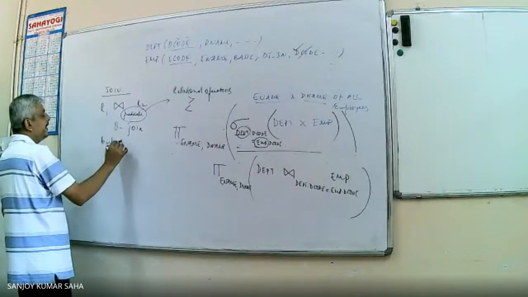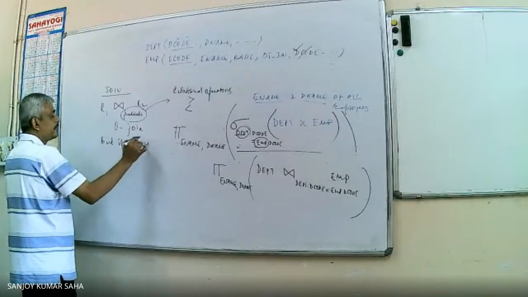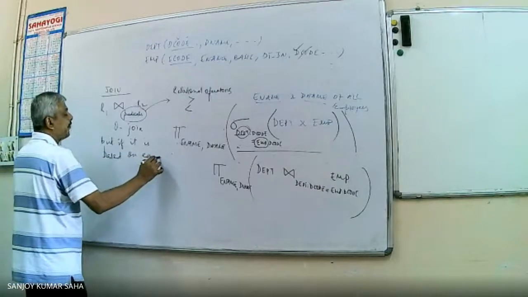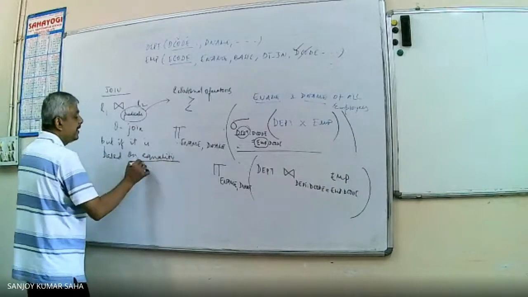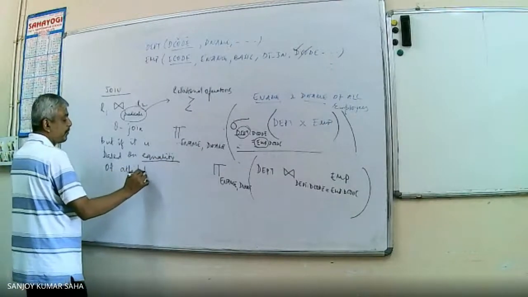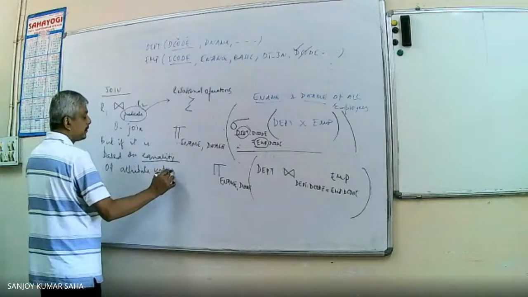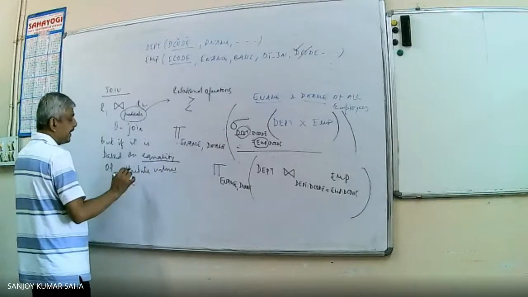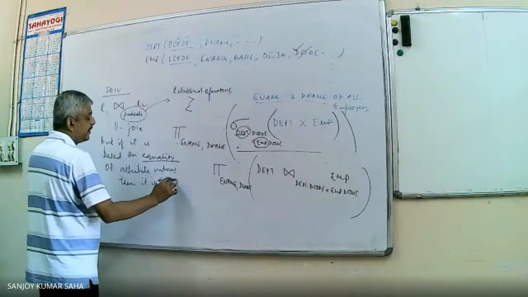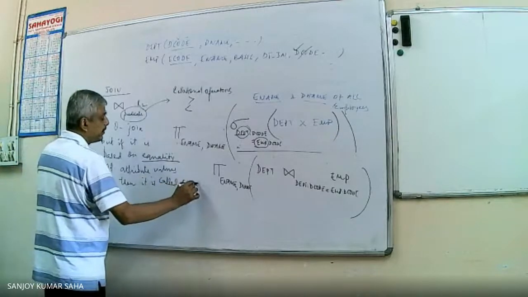But if it is based on equality of attribute values, then it is called equijoin.